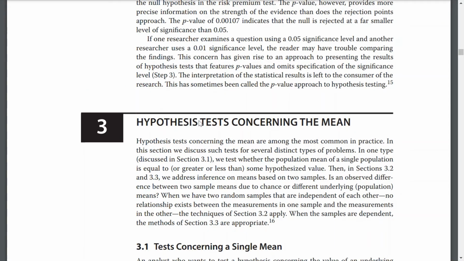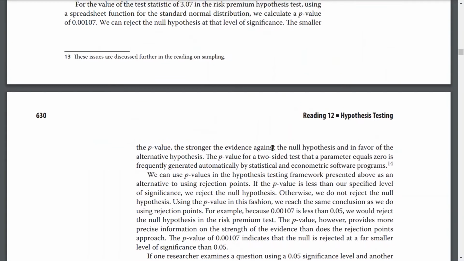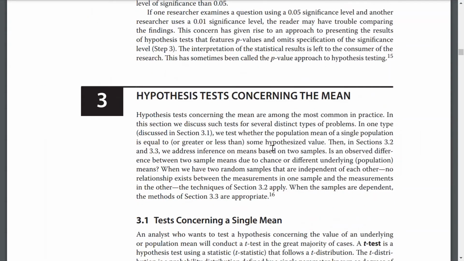Okay, continued reading of the CFA Level 1 program curriculum. Reading 12, Part 3: hypothesis tests concerning the mean. Hypothesis tests concerning the mean are among the most common in practice. In this section, we discuss such tests for several distinct types of problems.